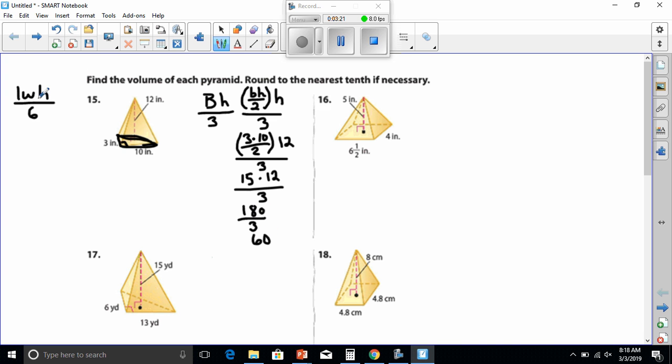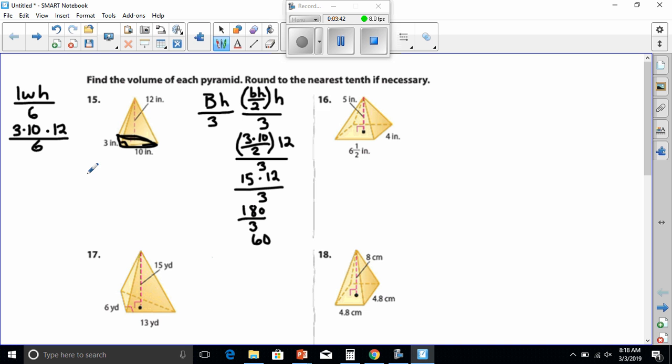Let's see if the formula that I told you we could use for a triangular base pyramid would work. Length times width times height, well, that would be 3 times 10 times 12. And I could divide all this by 6.